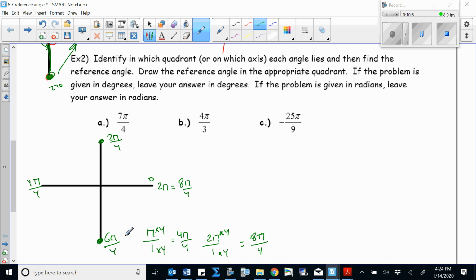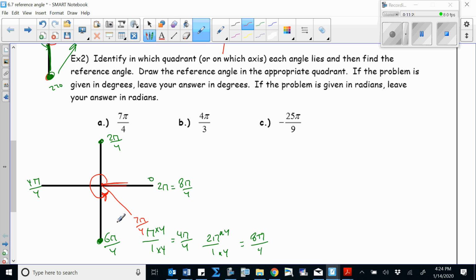Now I have all the corners. Now it's easy to find 7 pi over 4. The initial side is here, and the terminal side, 7 pi over 4, is going to be here, because 7 is between 6 and 8. This is my angle. I started from here and ended here. Here's the direction. So this is 7 pi over 4.